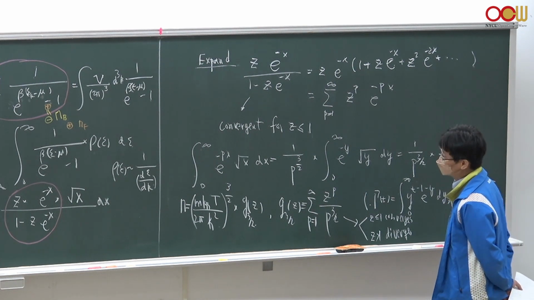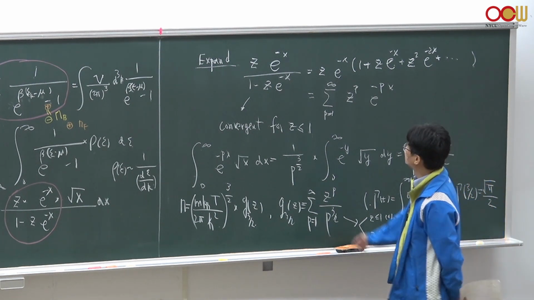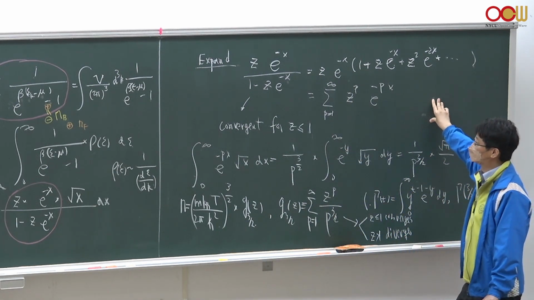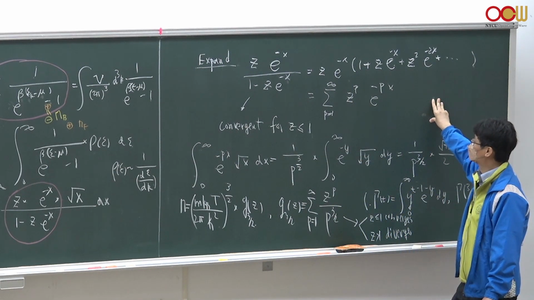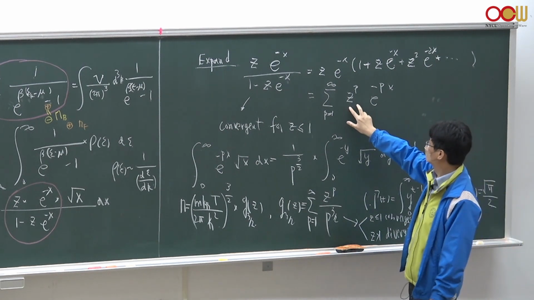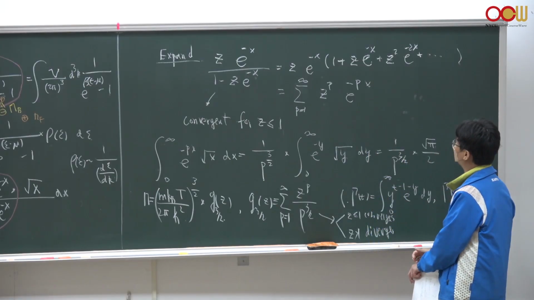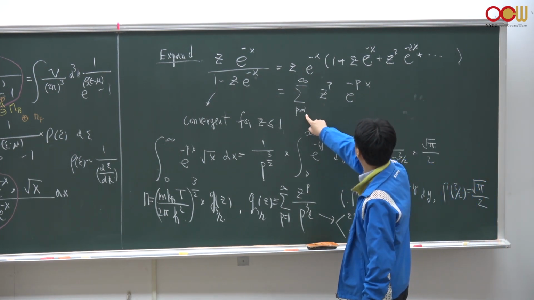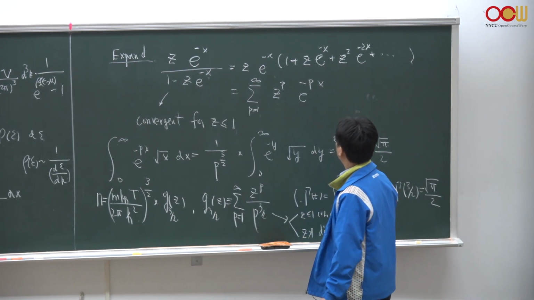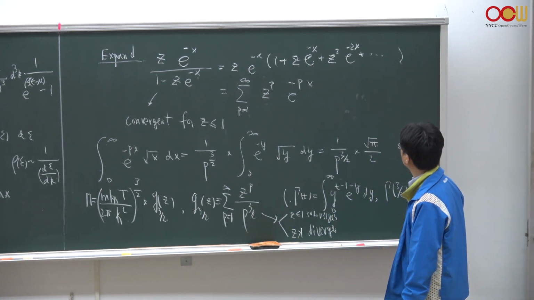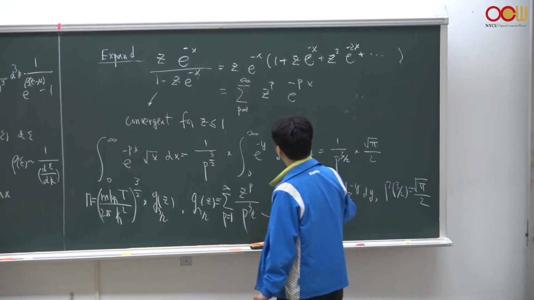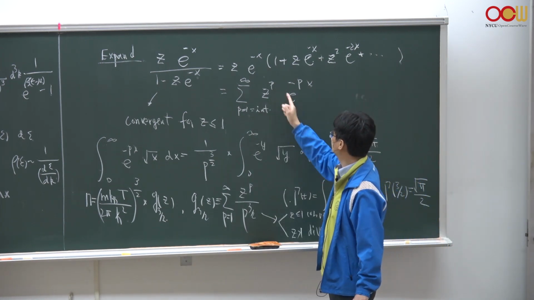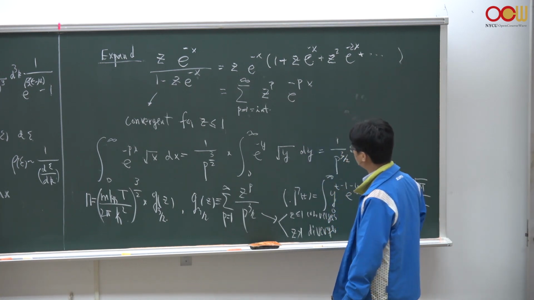For arbitrary positive x, you could always Taylor expand this ratio, which leads to a summation over p, where p runs from 1 to infinity. Okay, so p is an integer, and inside the summation you get z to the power of p times e to the minus p times x.